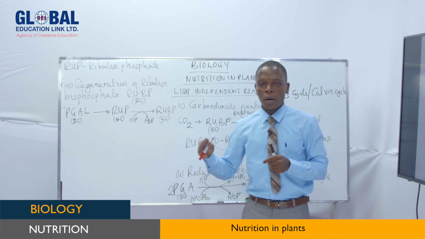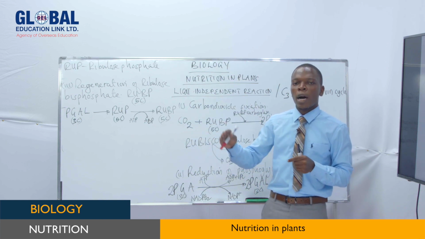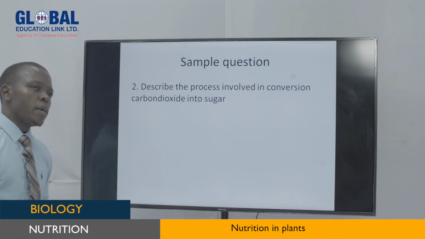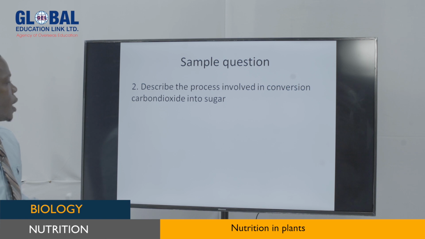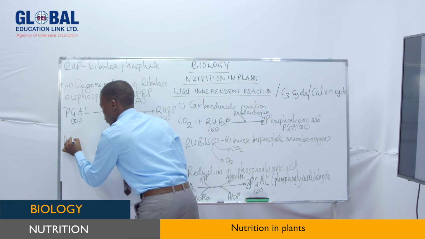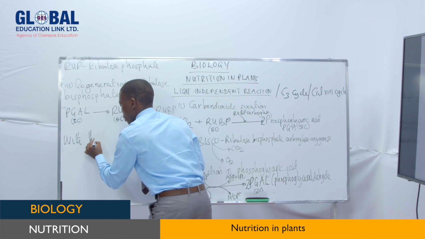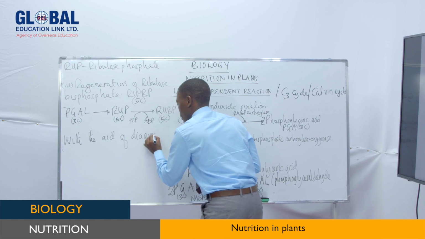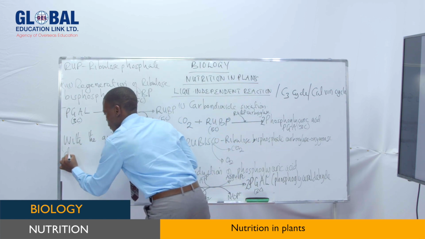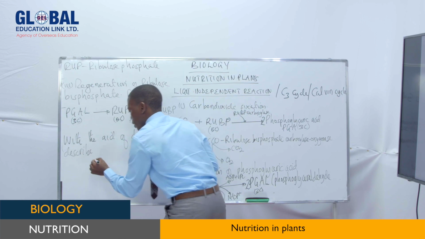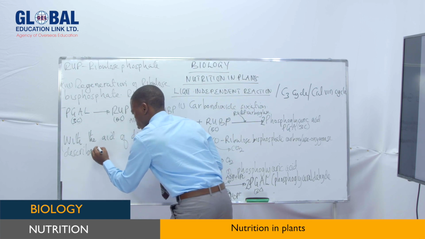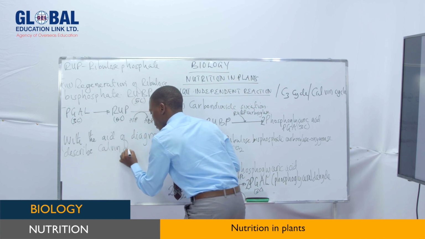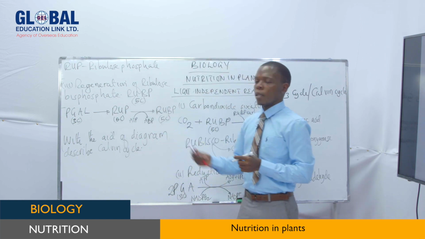Carbon dioxide fixation, how does it occur? Reduction, how does it occur? And also regeneration, how does it occur? But this question you may also be asked in another way, with the aid of a diagram.